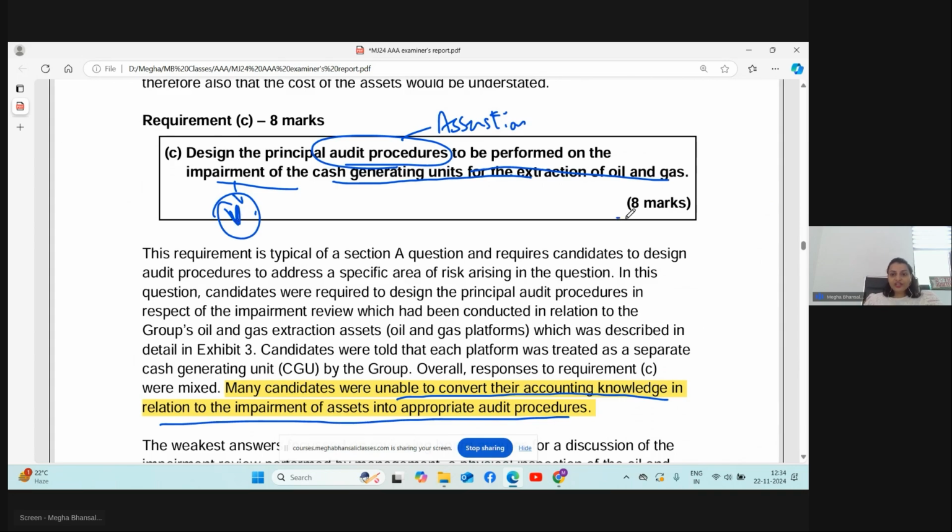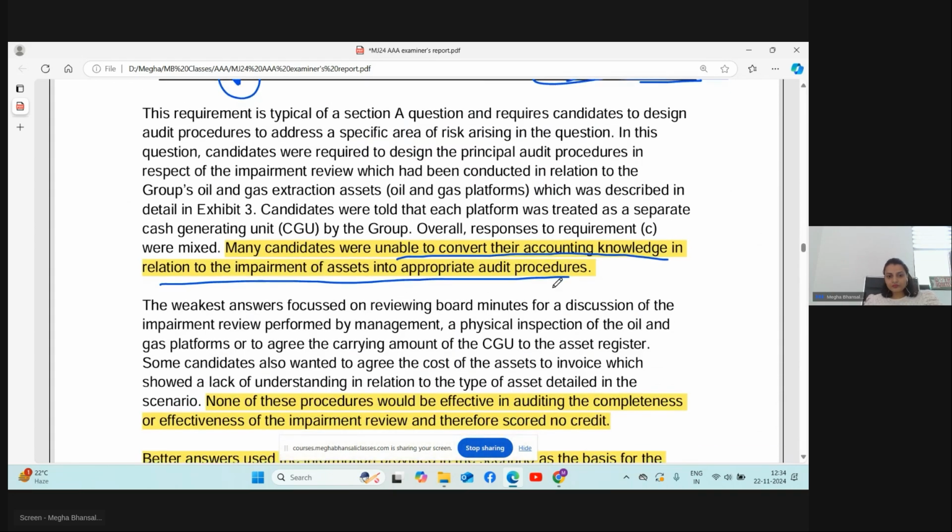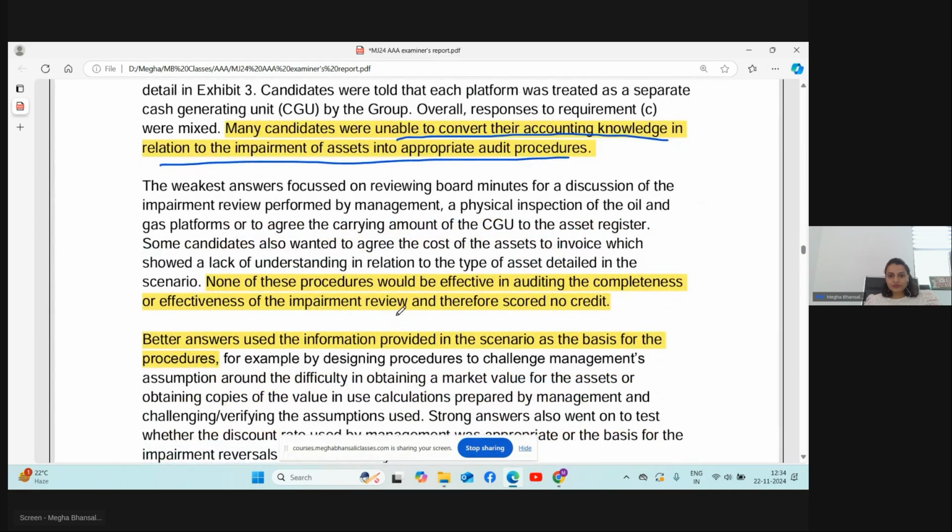For procedures, 8 procedures, you will get 8 marks, 1 mark for each procedure. So please try and focus on your procedures. Easier way is to relate it to an assertion. I'm doing a completeness, valuation, accuracy check, what check am I doing, and then elaborate it.